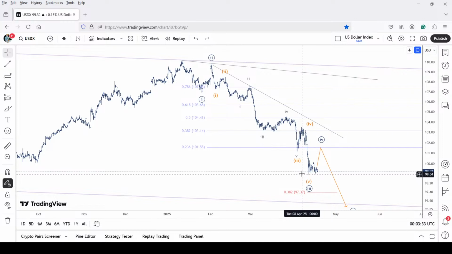You can see prices dropped to the 99 level, and then it's been drifting sideways.